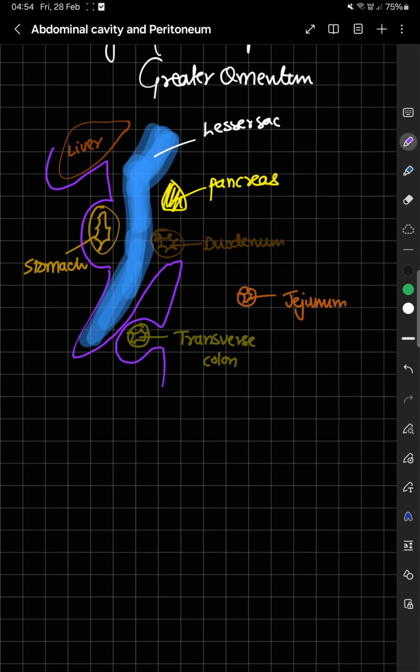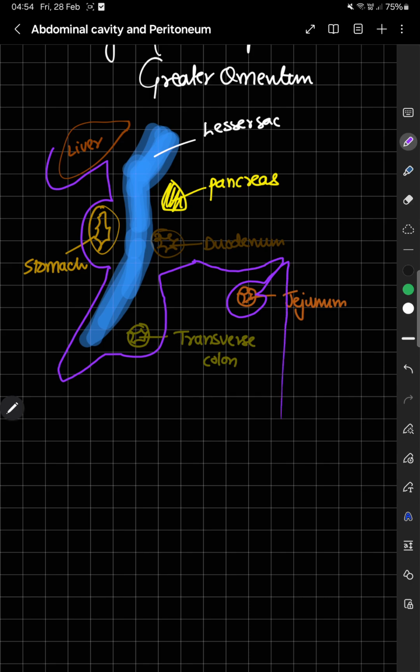Now as this lesser sac keeps protruding into this area, it would protrude in such a way like this. It would take the transverse colon as well, cover this part, the pancreas, come all the way here, form the mesentery, and come back here. Okay, so this is the rough development diagram.